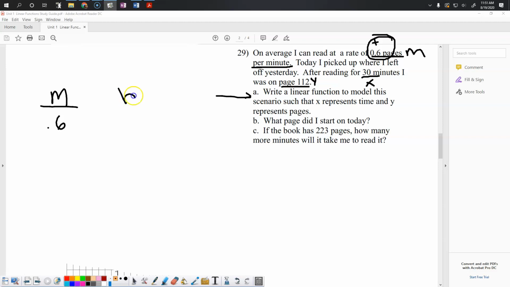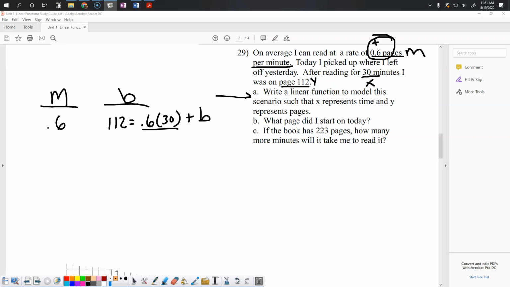The next thing I'm going to do is I'm going to find the b. So we're going to plug in our y value for y, we're going to plug in our slope, and we're going to plug in our x value for x to the y equals mx plus b formula. And then we're going to solve for b. So 0.6 times 30, let's see, what would that be? 6 times 30 is 180.